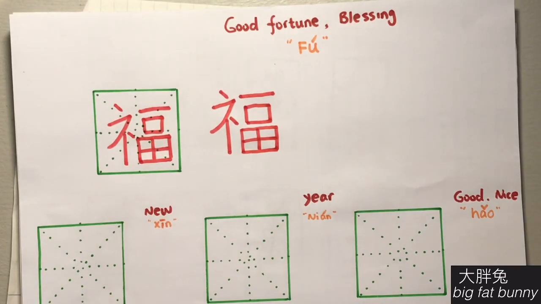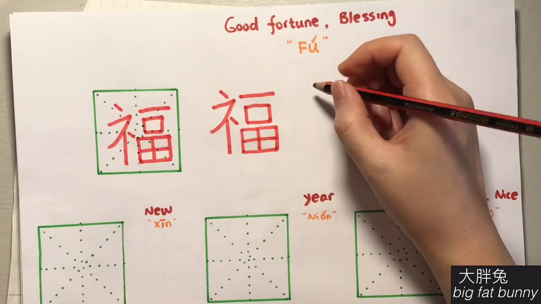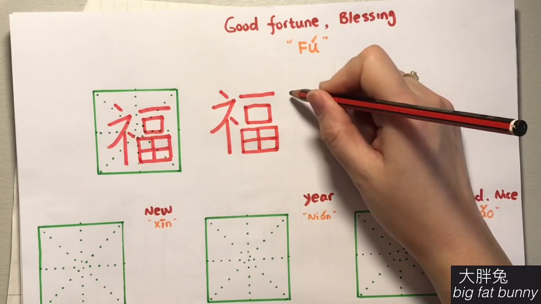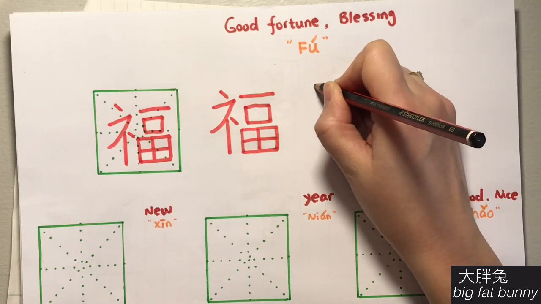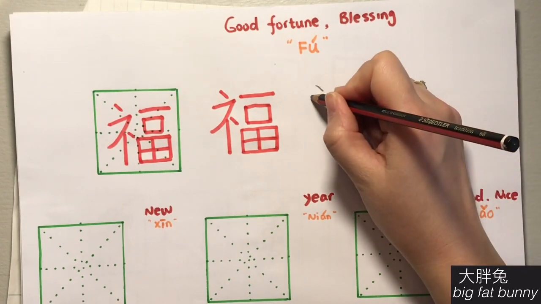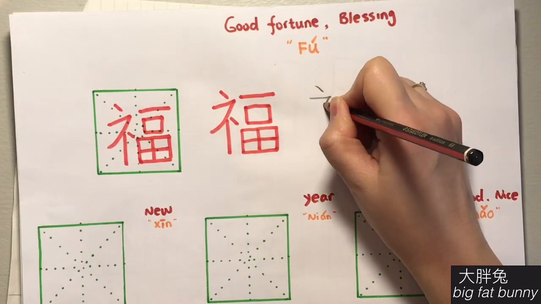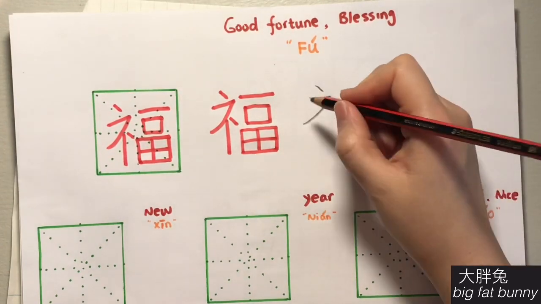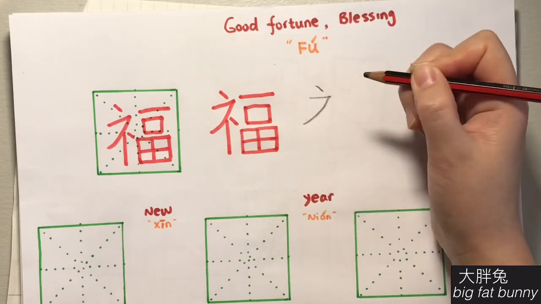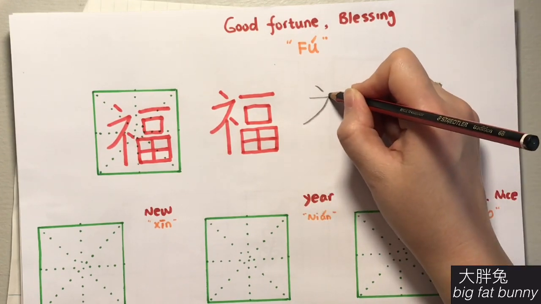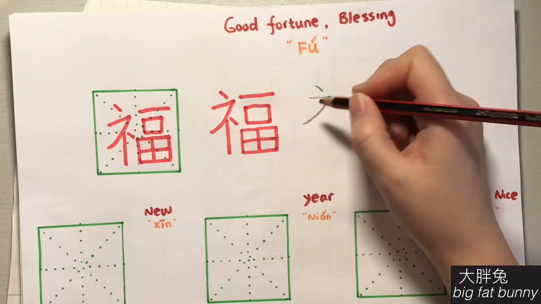Let's write in pencil. I'll write it slower than this. Let's write it together. Little dot. This is one stroke, kind of. Okay. The sharp pen on the left.